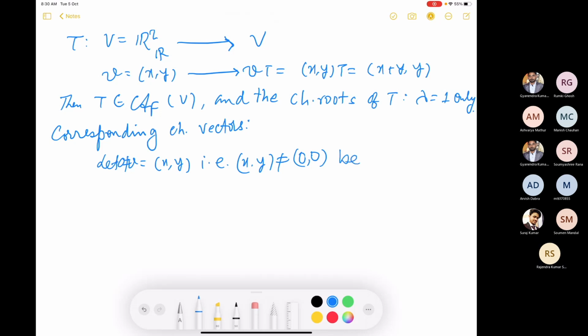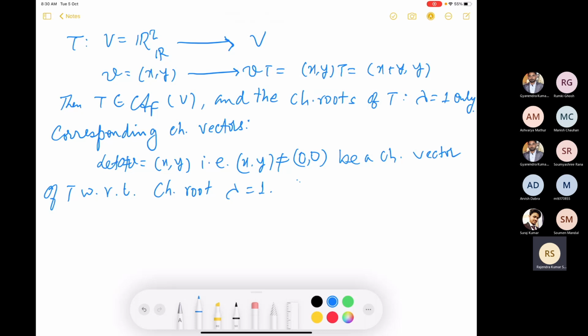Let it be a characteristic vector of T with respect to the characteristic root lambda is equal to 1.